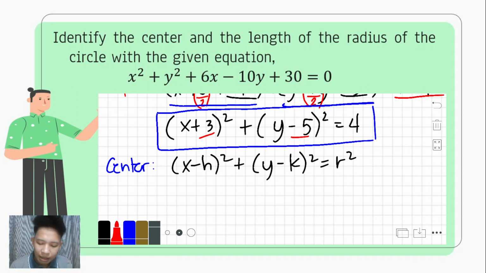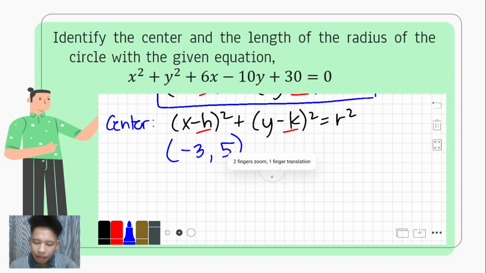So for us to get the center, ito yung ating value. So the center would be at negative 3, comma, positive 5. So here is the center of our circle.